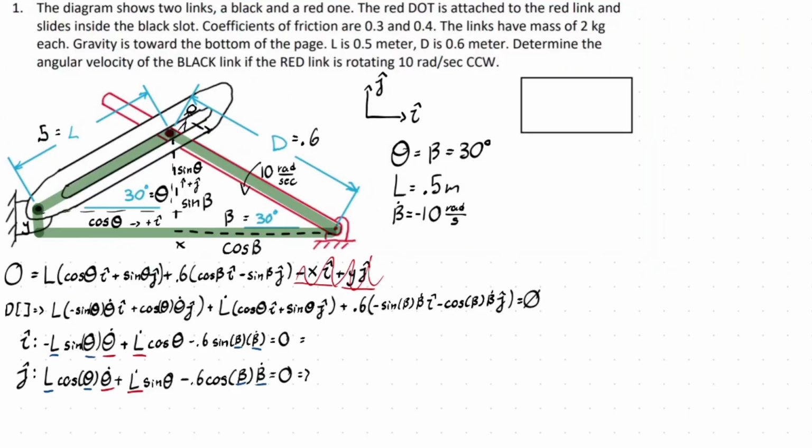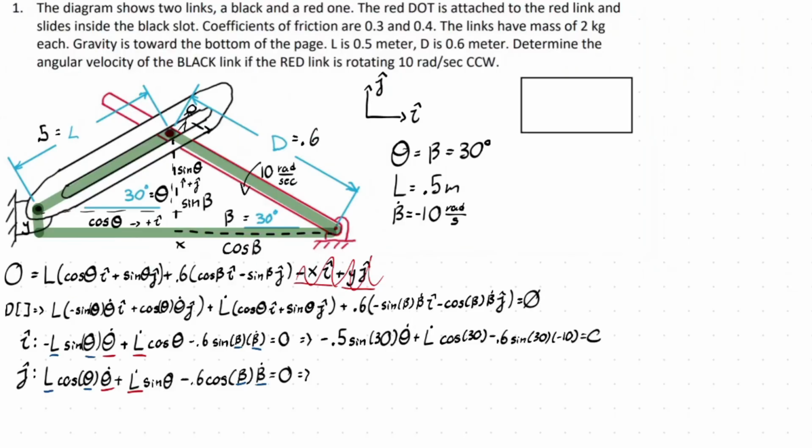So I have negative L, which is negative 0.5, times the sine of 30, theta dot, plus L dot times the cosine of 30, minus 0.6 sine of beta, which is 30, times beta dot, which we said was negative 10, and that equals 0.